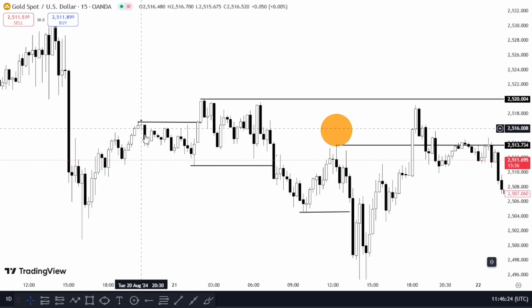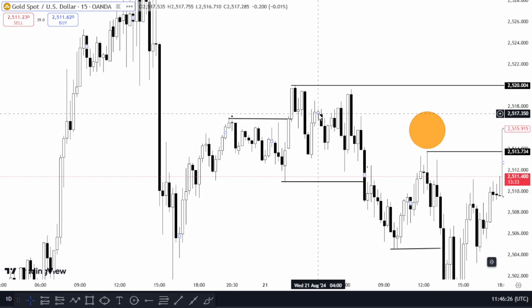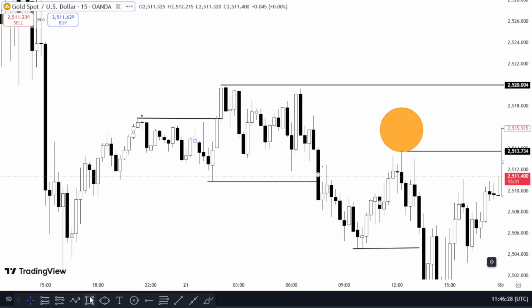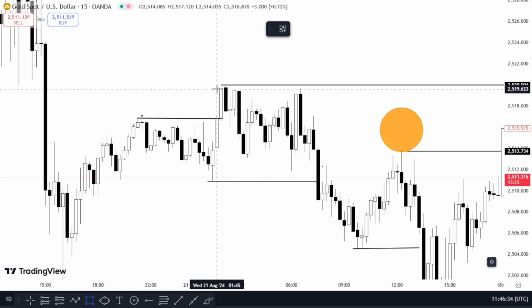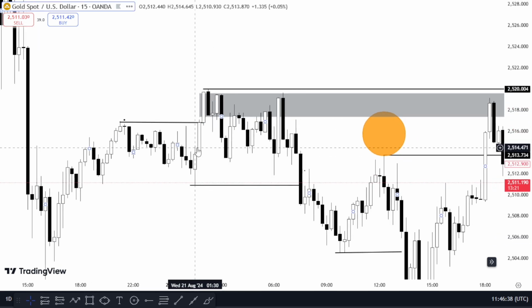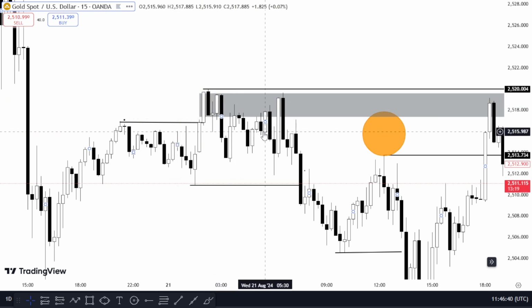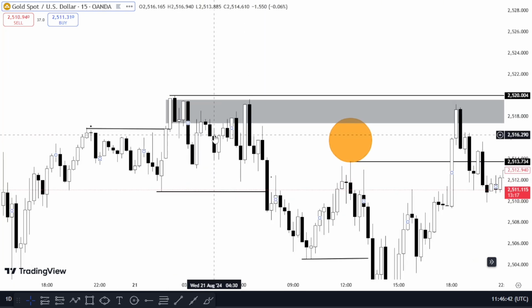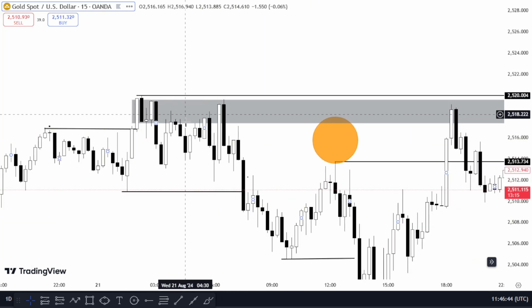The next thing to mark is your POI. Looking to the left here, I can't see any significant candle, but rather here there are powerful candlestick patterns. There is an engulfing candlestick pattern and all those other candlestick confirmations. So that becomes our POI.